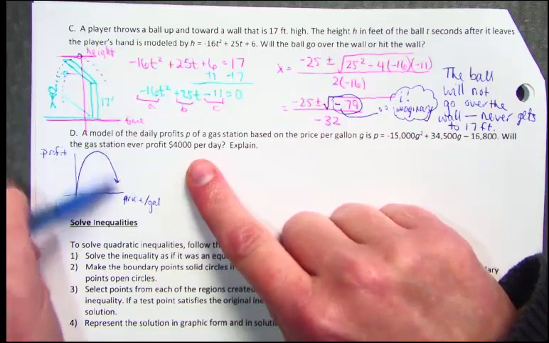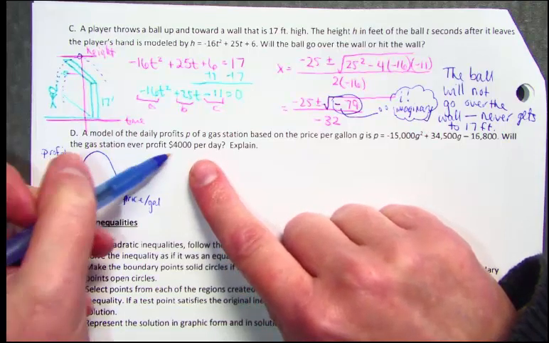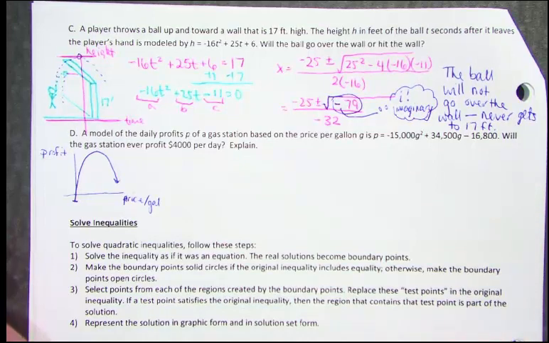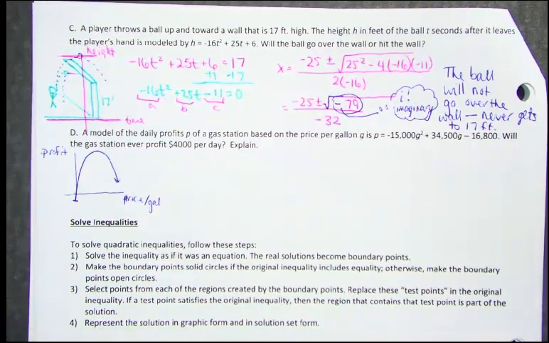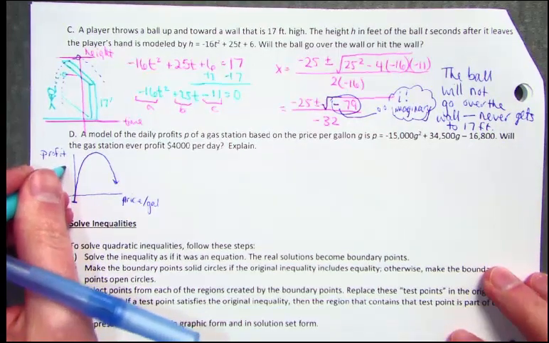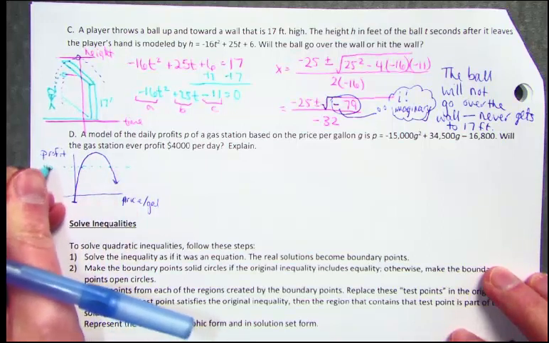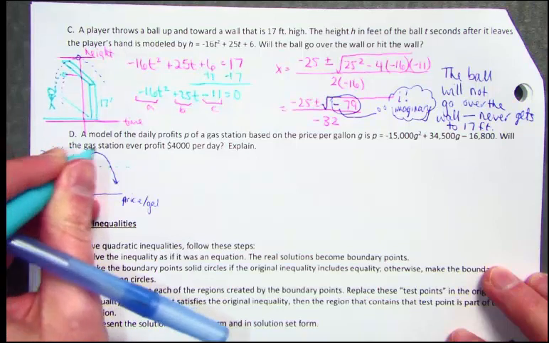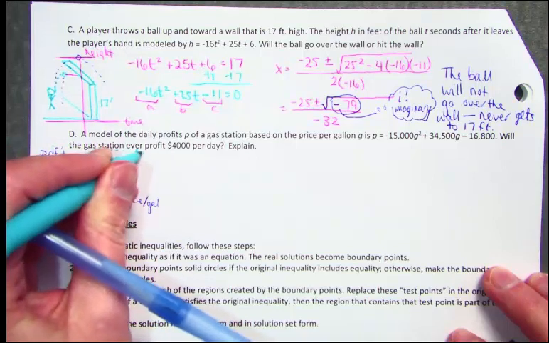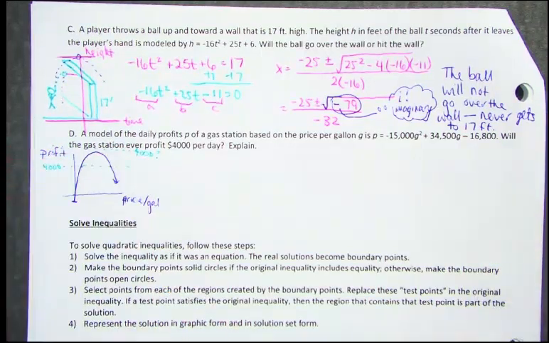So this models their profits, and we want to know if they can ever profit $4,000 per day. So is that profit point here, where they can hit it at a certain couple of prices per gas? Or is that profit point of 4,000 up here and they may never get there? That's what we're looking to see.